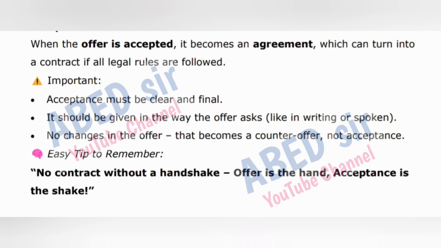Important: acceptance must be clear and final. It should be given in the way the offer asks, like in writing or spoken. No changes in the offer, that becomes a counteroffer, not acceptance. Easy tip to remember: no contract without a handshake. Offer is the hand, acceptance is the shake.